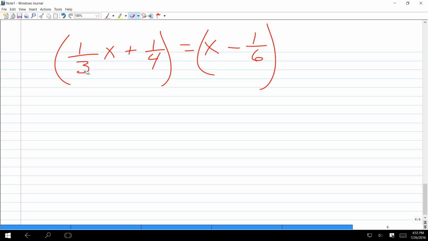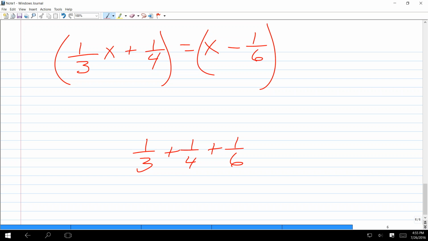Let's see, what's the least common denominator between all of these denominators? If I was adding 1/3 plus 1/4 plus 1/6, what would the least common denominator be? 3.